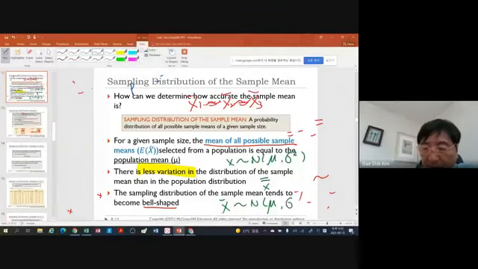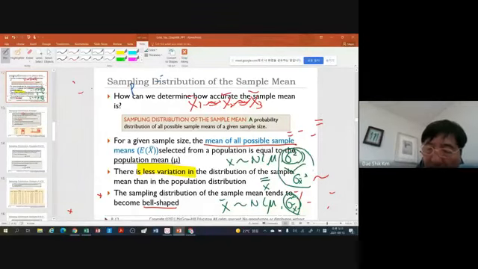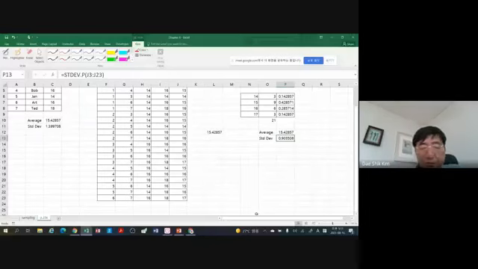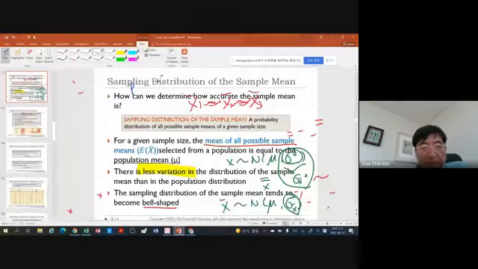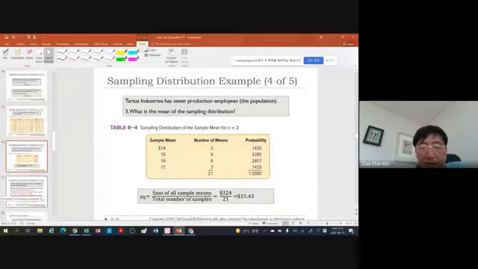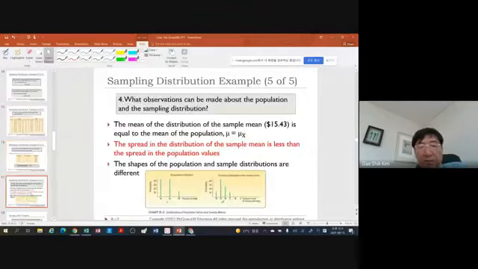But sigma x bar square is smaller than the original variance. We have calculated that the standard deviation becomes smaller, and then it becomes narrow.